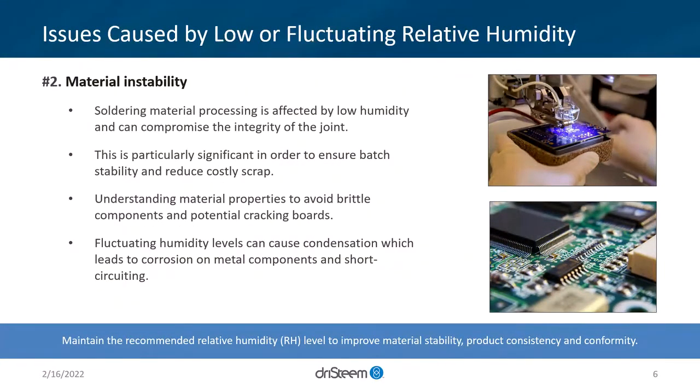Material instability. With the soldering process in particular, having a low humidity can compromise the integrity of that joint. And when we want integrity, we really want to make sure that we're having batch stability and reduce that scrap. That's really the goal of humidity in these types of environments. It's process driven.